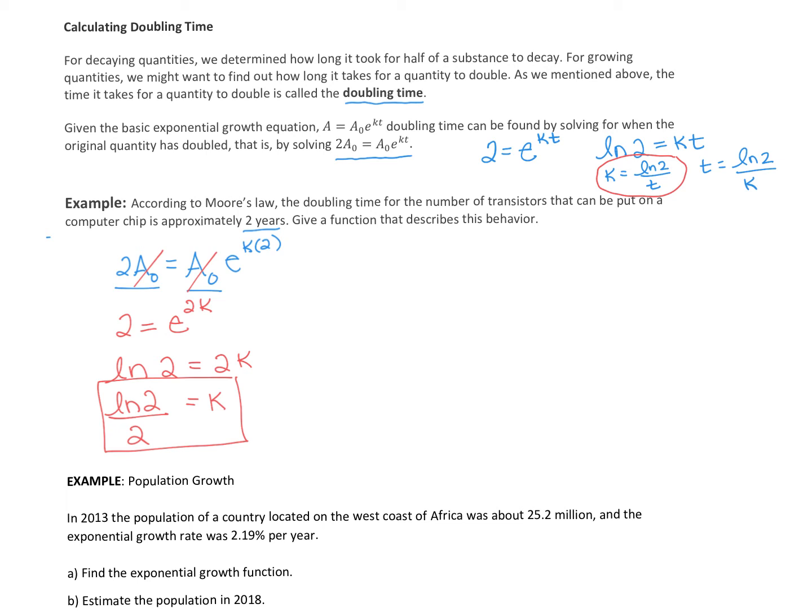Once I have that, I'm going to put that into the model. A equals a sub 0 e to the natural log of 2 over 2 times t. This will give the behavior of the doubling time for the number of transistors that can be put on a computer chip.